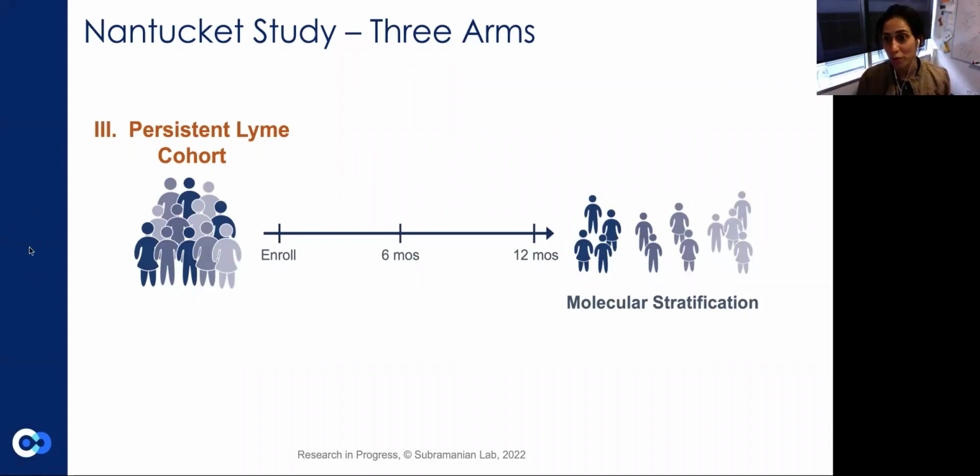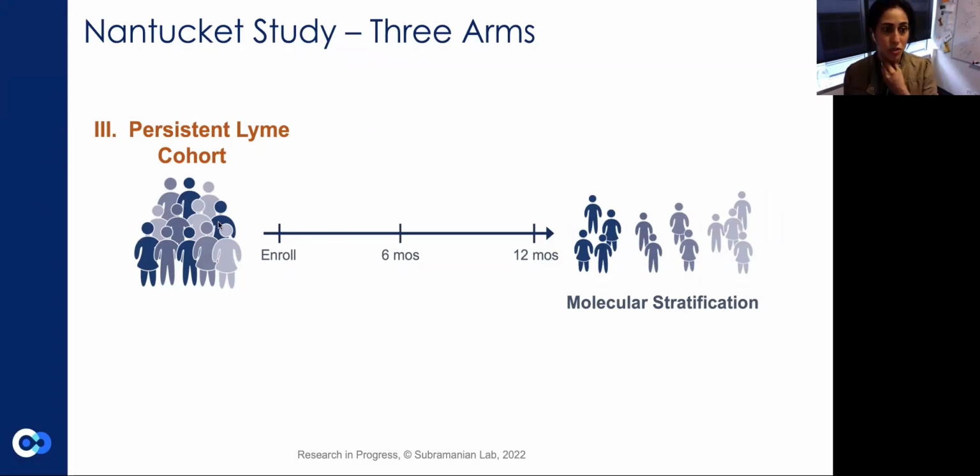What we hope to do is actually recruit a cohort of people who have chronic Lyme disease as defined by clinicians, that is, where you can pick up antigen specific responses to Borrelia in the periphery and so on. So we're coming up with a definition for what we would actually define as a chronic Lyme disease cohort.